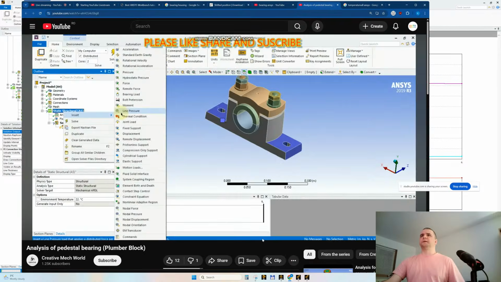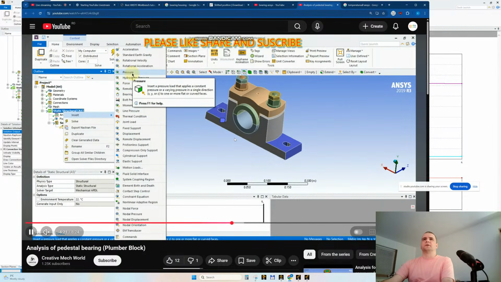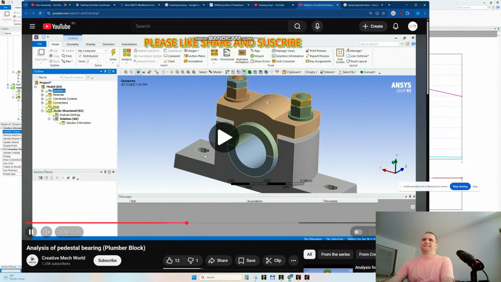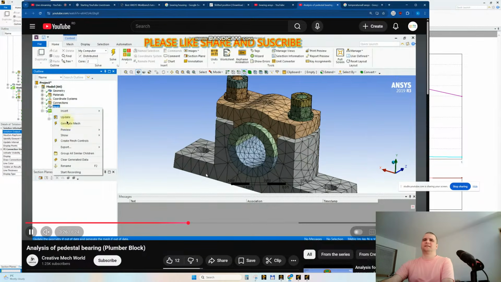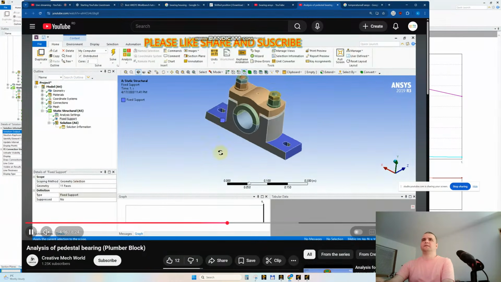All right, where are we? Here. So he's inserting a pressure. By the way, he didn't interfere with the contacts. This means the contacts are bonded. He fixed something.